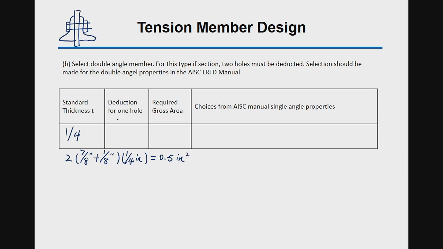So the deduction for one hole, but actually two holes for the two angles, is 0.5 square inches.